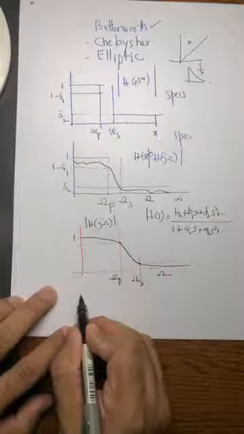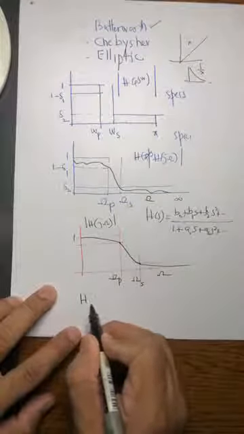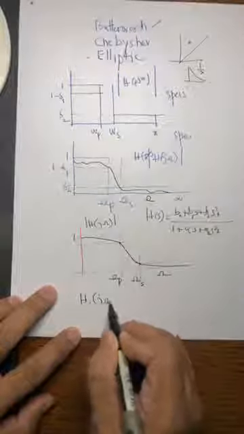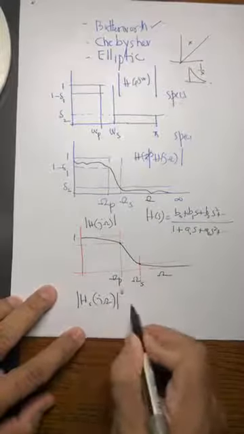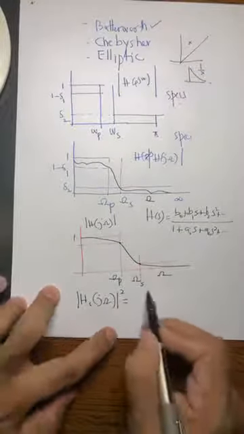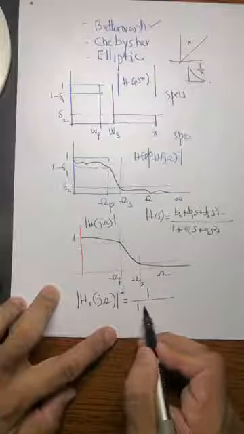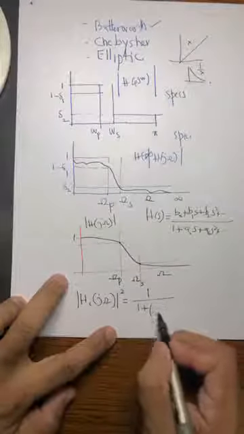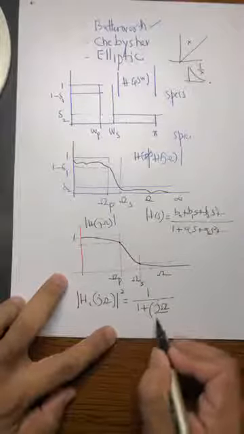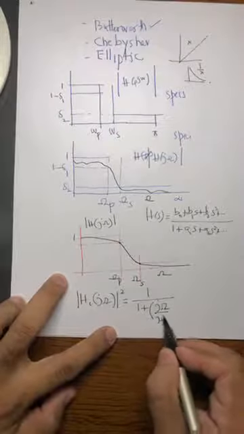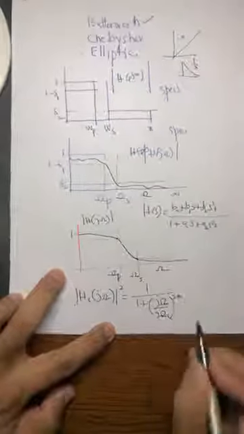So he said this mathematical expression is: the magnitude of H(j omega) squared is equal to 1 over 1 plus (j omega over j omega c) raised to the power 2n.